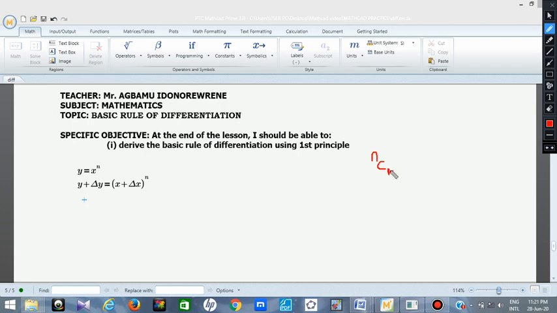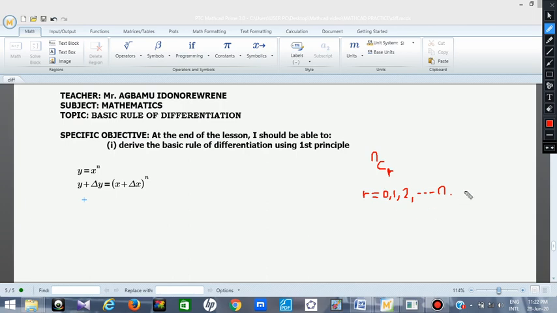Let's say n combination r. r is a set of numbers, so r goes from 0, 1, 2, and r will keep going until it gets to the value of n. That is when you stop your expansion.